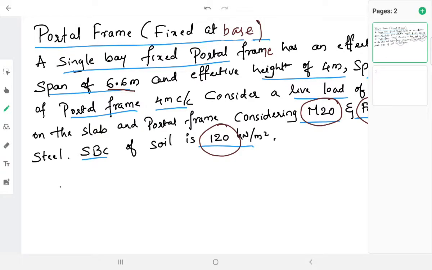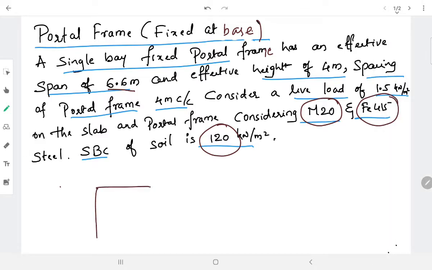So here we'll draw the plan of this portal frame, how it looks like. It is basically a single bay portal frame. This is one portal frame, single bay, which is fixed at the base, and here it will continue like this. Here one more portal frame will come like this. So it just continues here.